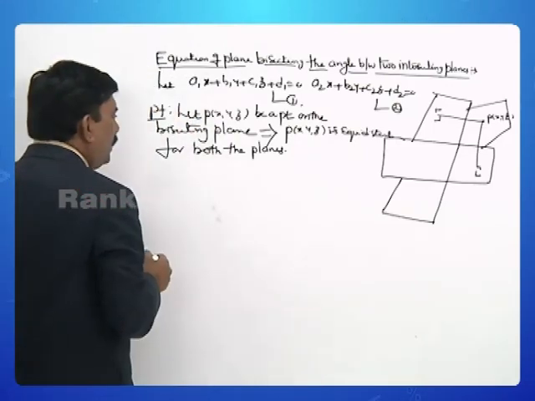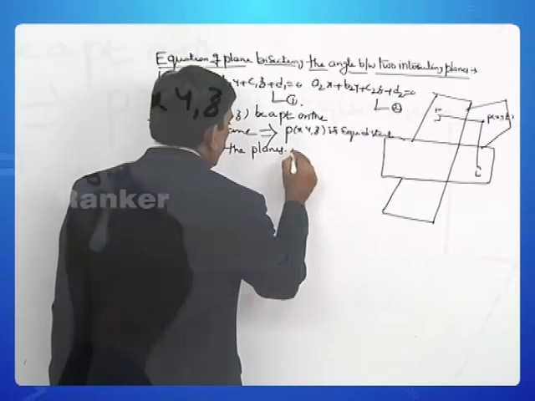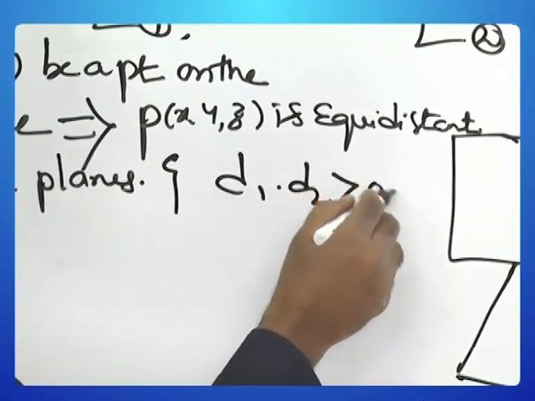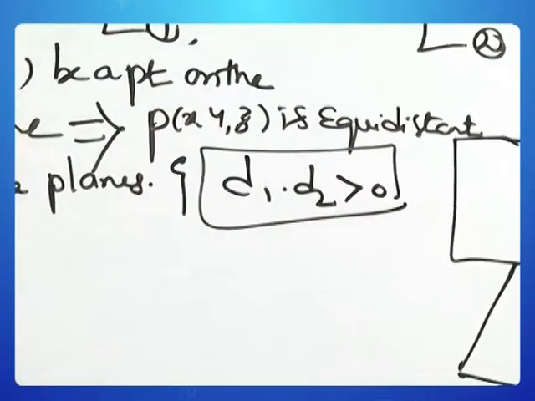So therefore, also d1 into d2 must be greater than 0. First you have to pick it.